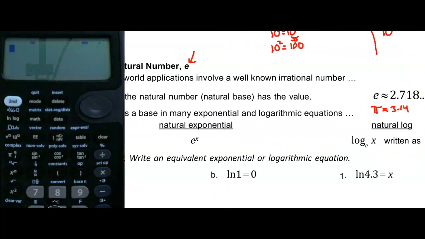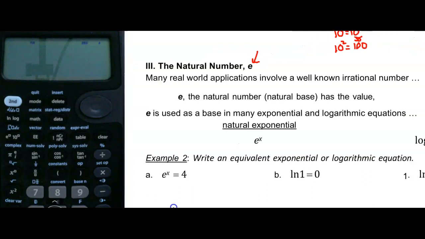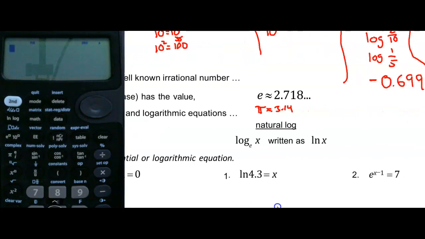Because we have to do a lot of solving with problems with e in them, it has something called the natural log. So if we have a base of e, we switch to the natural log, this ln. You think of ln as a logarithm, but the natural one.